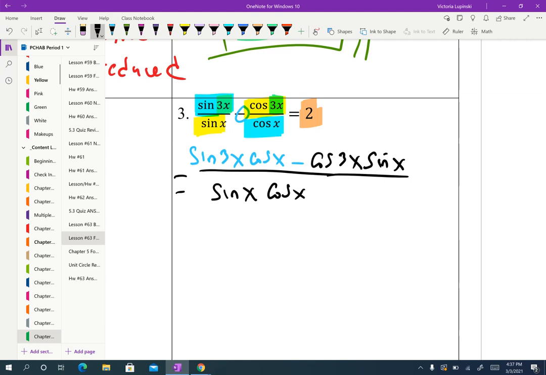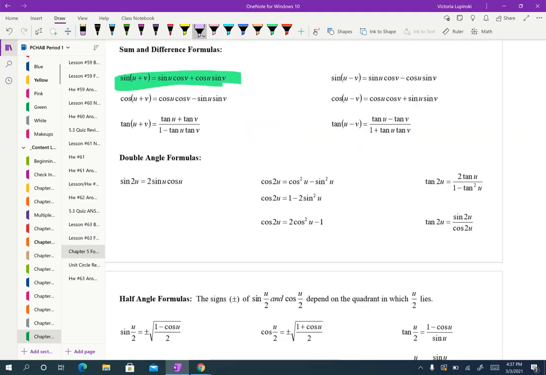And now, if you look really carefully at that entire top, you have sine cos minus cosine sine. That's a formula. So back to our formula sheet, you're looking for sine cos minus cosine sine. That's this one here. So that is the sine of u minus v.